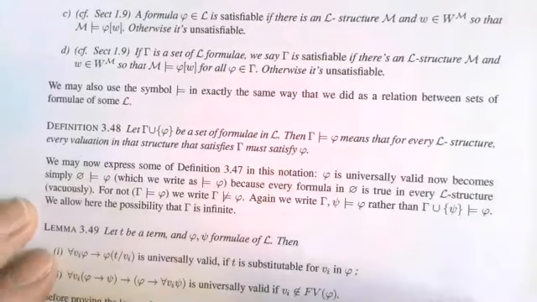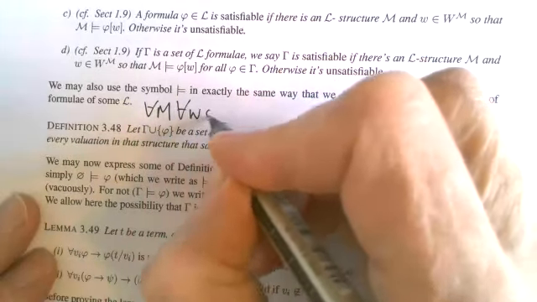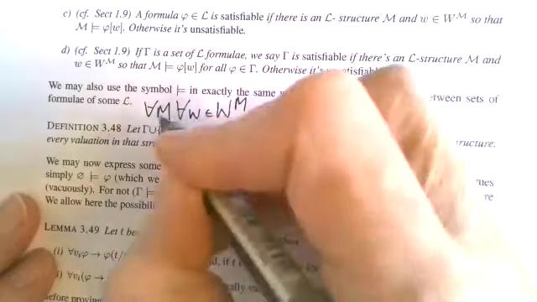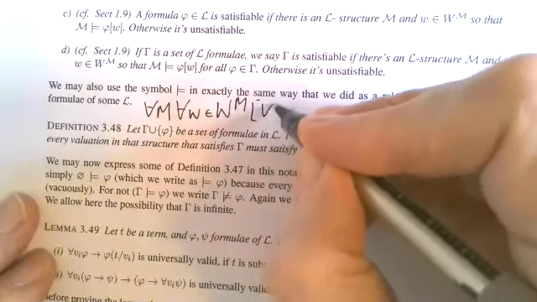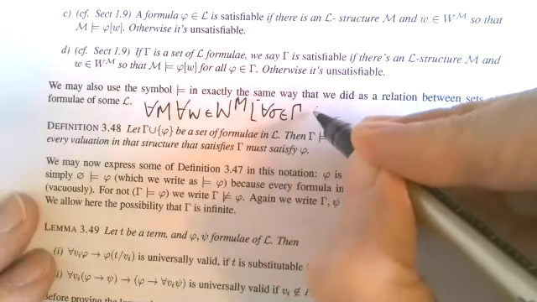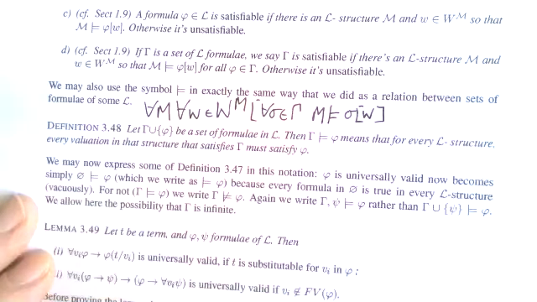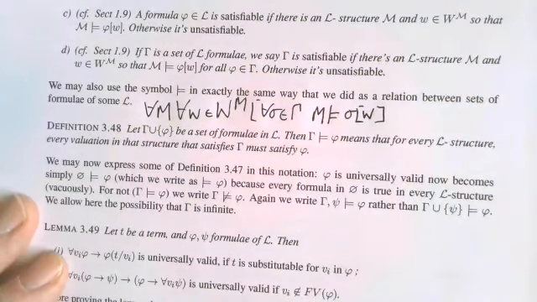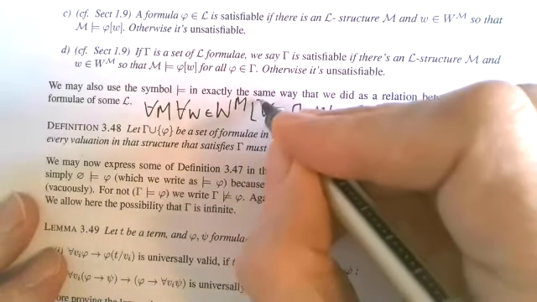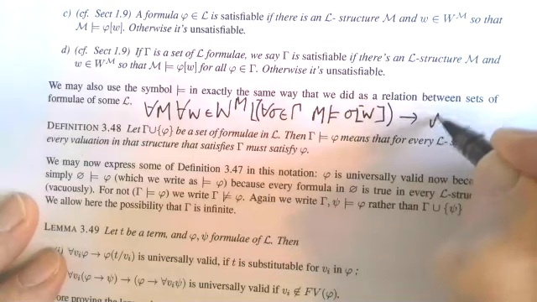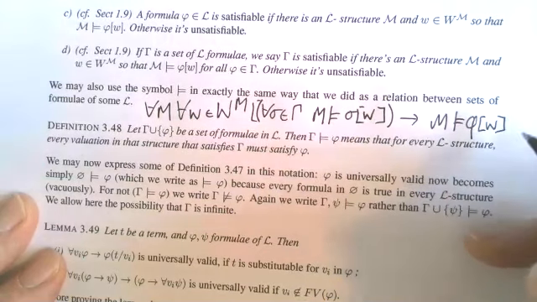Okay? So it's saying for all M and for all W evaluations into M, if for all sigma in gamma, M is a model of sigma when I use the W valuation, if this holds here, then M thinks that W makes phi come out true.